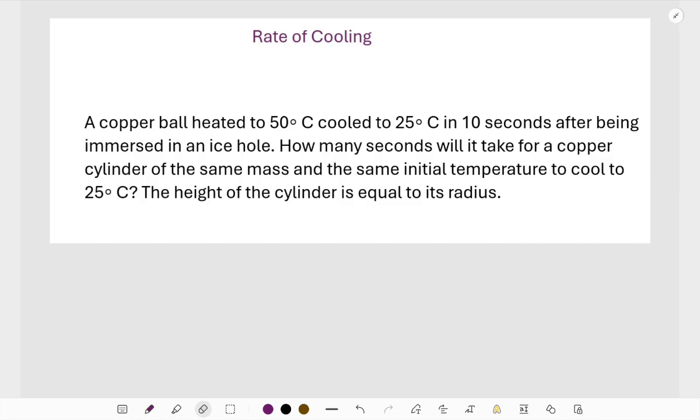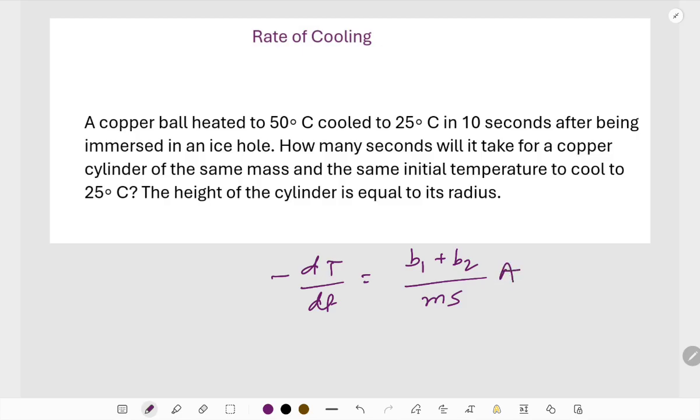It's simple. We can remember Newton's law of cooling in this form. Rate of cooling, minus dT by dt, where T is the temperature. It is sometimes written as B1 plus B2 by MS, where S is the specific heat capacity, multiplied by the area of cross section.